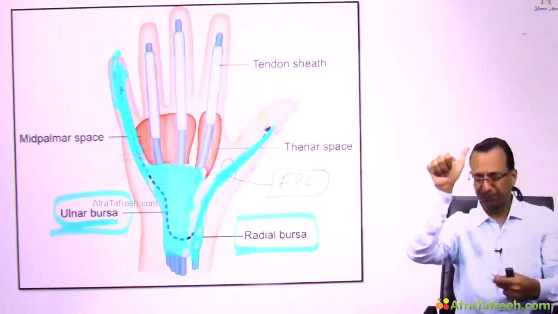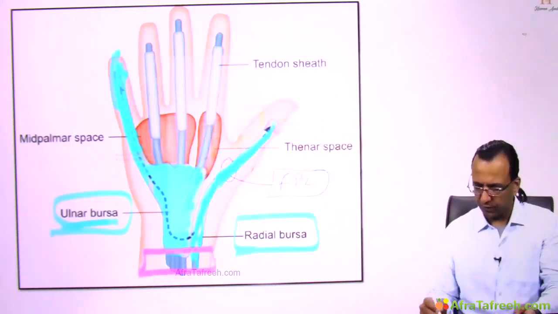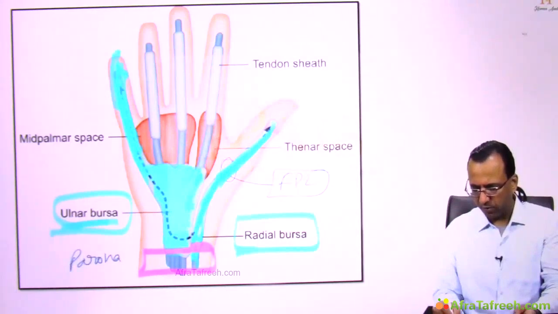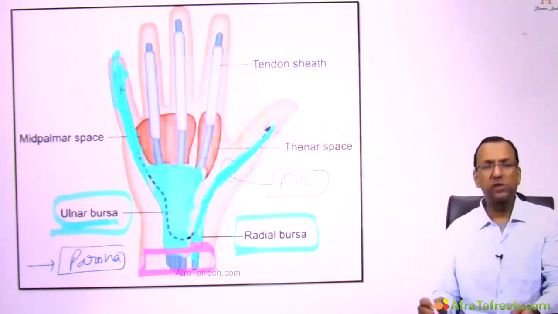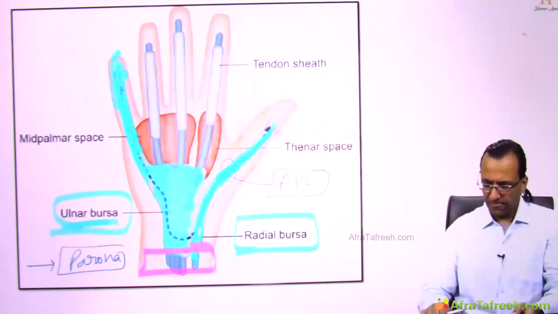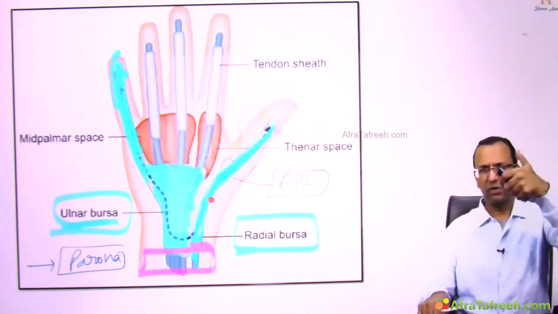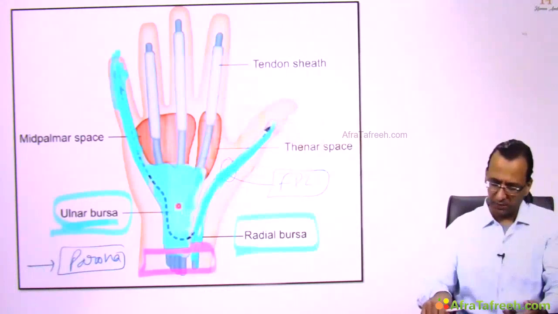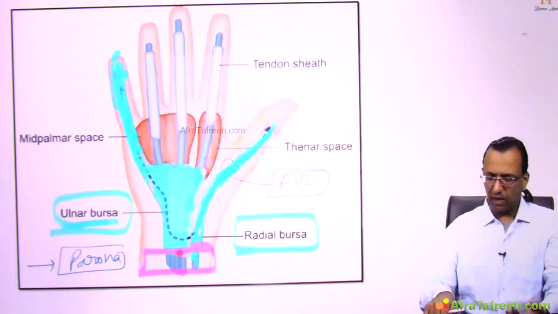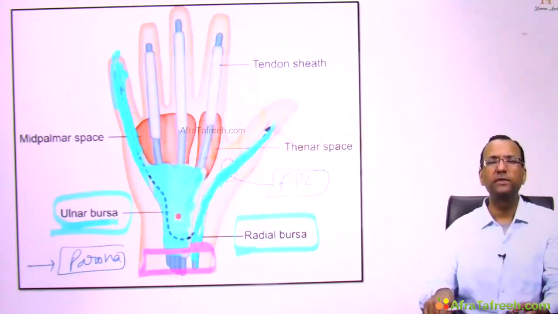That is the point. Also, there is a forearm space of Parona, and if you're talking about the forearm space of Parona, then it can also be involved sometimes due to a lot of infection here, and it can communicate with the radial bursa, which is the synovial sheath around the flexor pollicis longus, or it can communicate with the ulnar bursa, which is the synovial sheath around the flexor digitorum tendons.